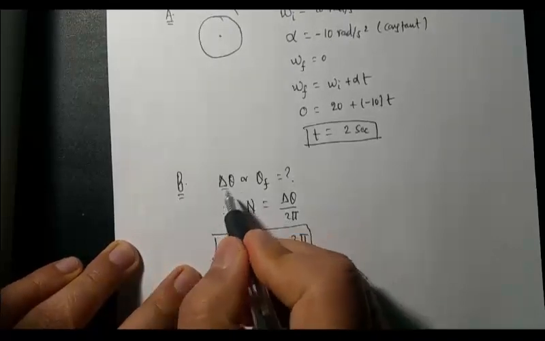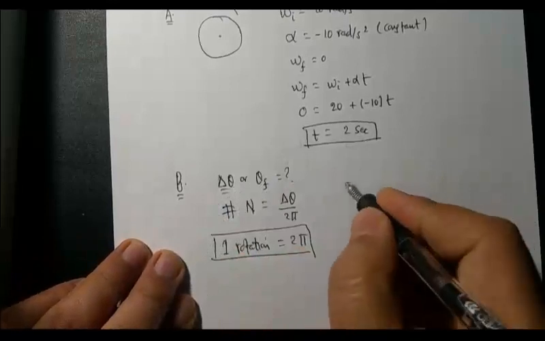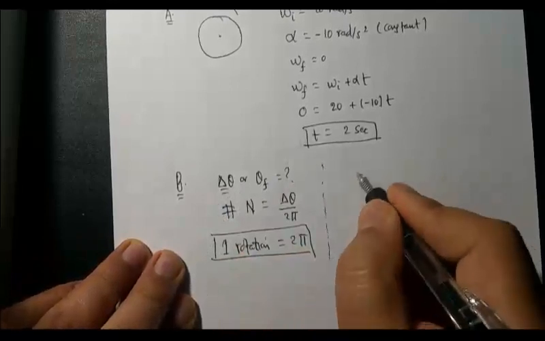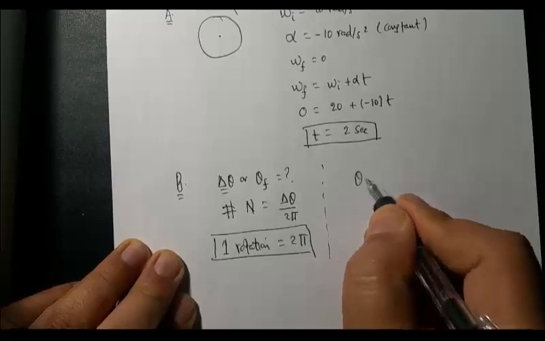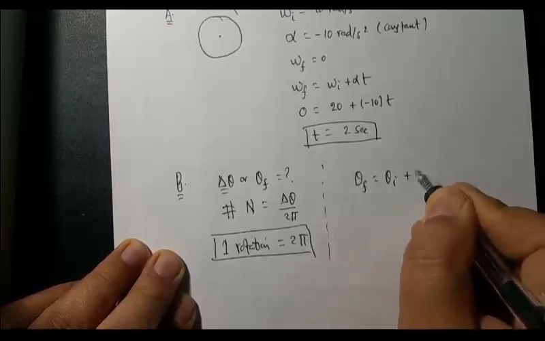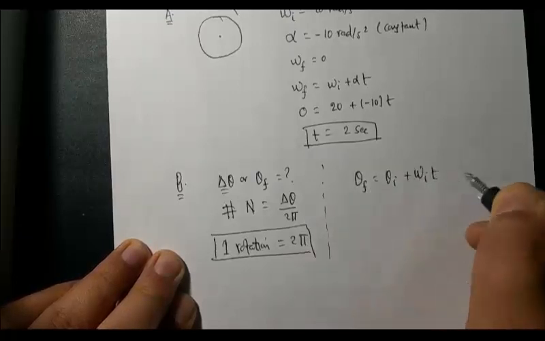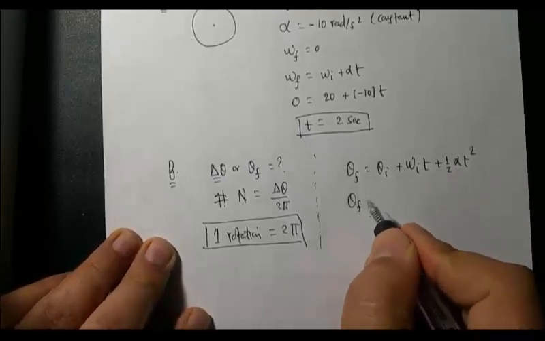First, let's figure out the total angular displacement in 2 seconds. You will have to use one of the formulas; since you have alpha, you have everything. Theta final is theta initial plus omega initial times t plus 1/2 alpha t squared. We're finding theta final.